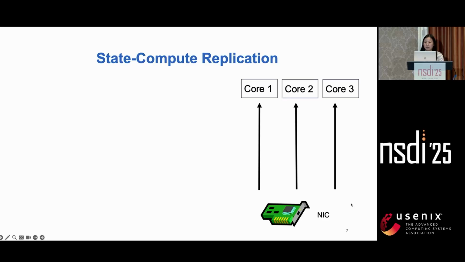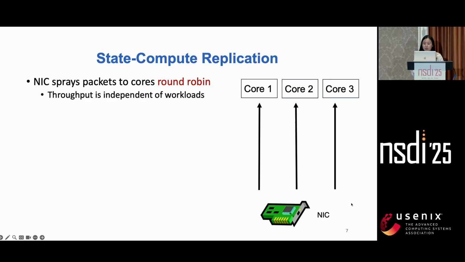Next, I'll introduce SCR. First, SCR spreads packets to cores in a round-robin fashion. In this way, throughput is independent of workloads. For example, packet 1 is assigned to core 1, packet 2 is assigned to core 2, packet 3 is assigned to core 3.